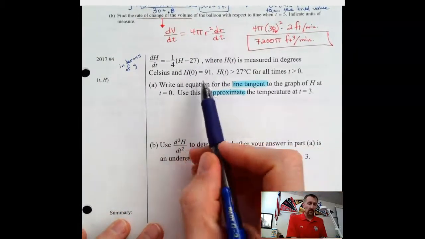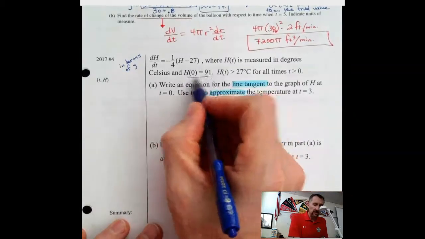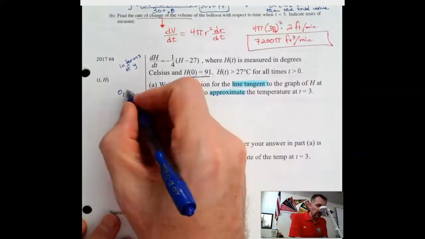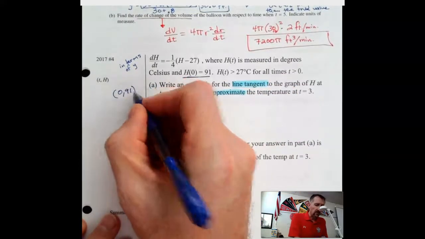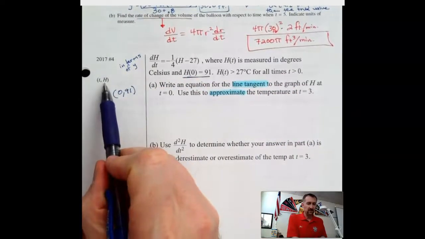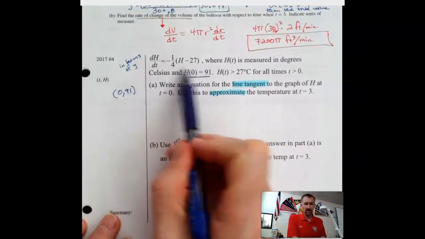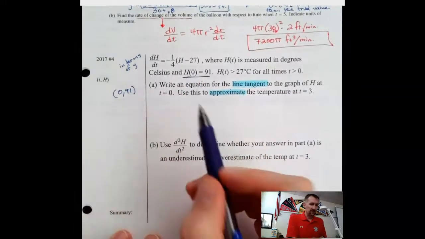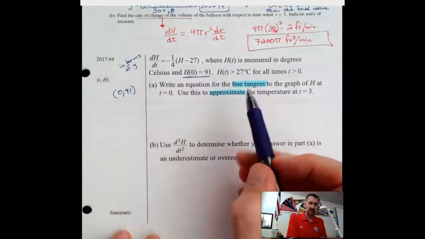What I mean by that is, if you look at this, the point here is 0, 91. But h is the y, and the derivative basically has a y in it. So this is the only time I remember seeing this.